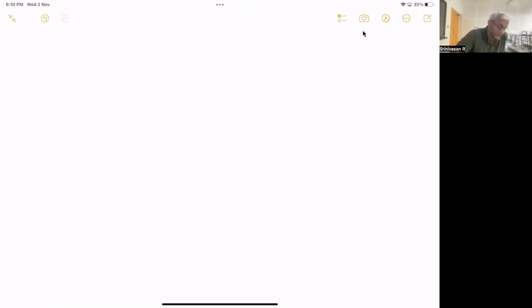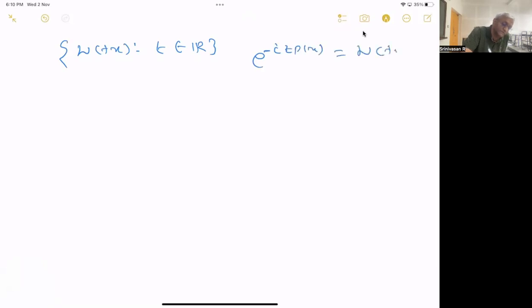So hopefully I will prove that. So we got this unitary group W of tu, and we got Pu equal to minus i times the derivative of W of t.